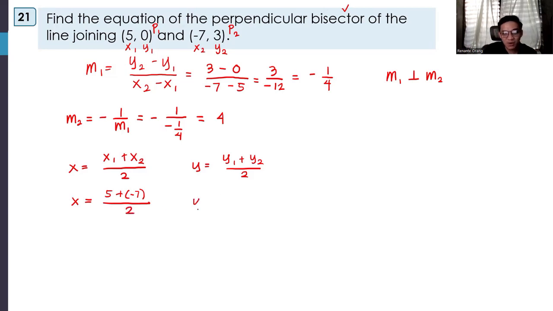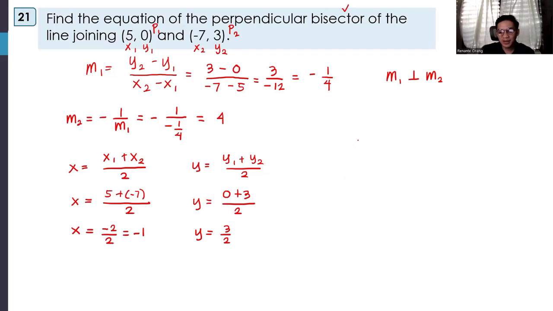Sa kabila, we have y is equivalent to y sub 1 natin is 0 plus y sub 2 natin is 3 divided by 2. So therefore, x po natin is equivalent to negative 2 divided by 2, that is negative 1. And yung ating y coordinate is 3 divided by 2 is 3 over 2.